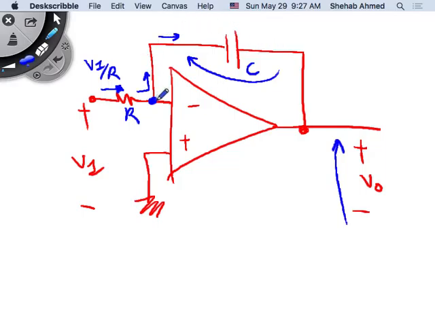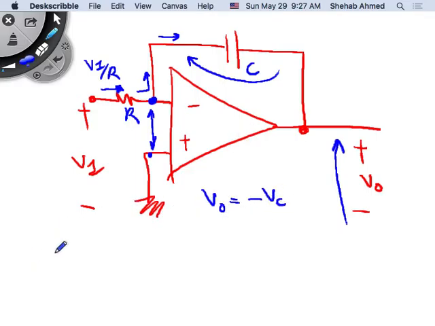Since I have feedback, the difference between these two is 0, which means that V output is equal to minus VC. Since V output plus VC is equal to 0, V output is equal to minus VC, okay? So what is VC equal to?